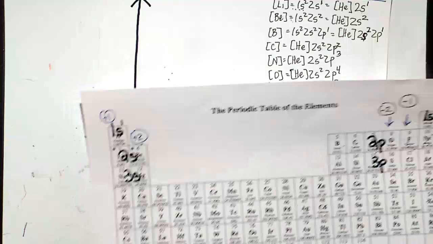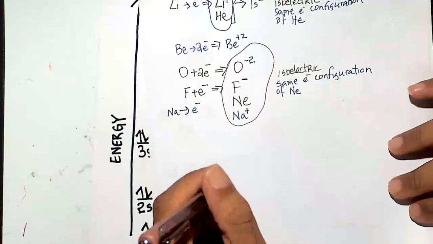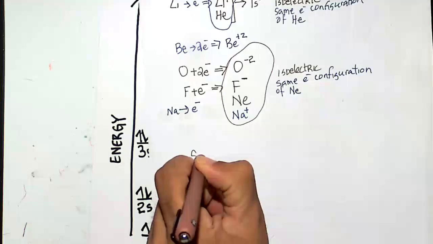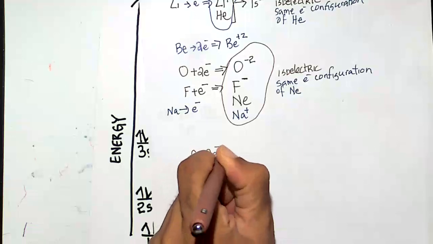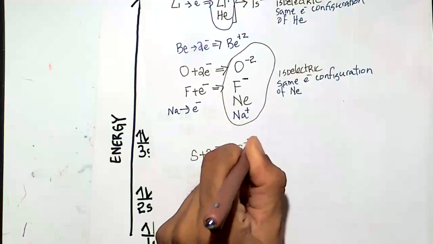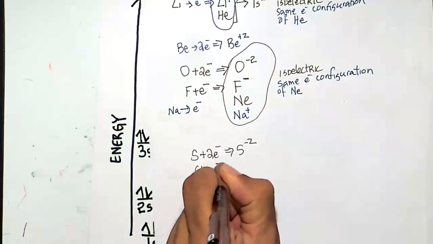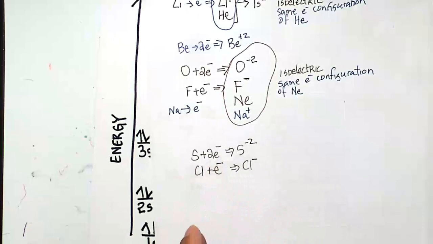Why do you think S would like to be 2- and Cl be 1-? S would like to actually gain 2 electrons to be S2-. Cl would actually want to gain 1 electron to become Cl-.